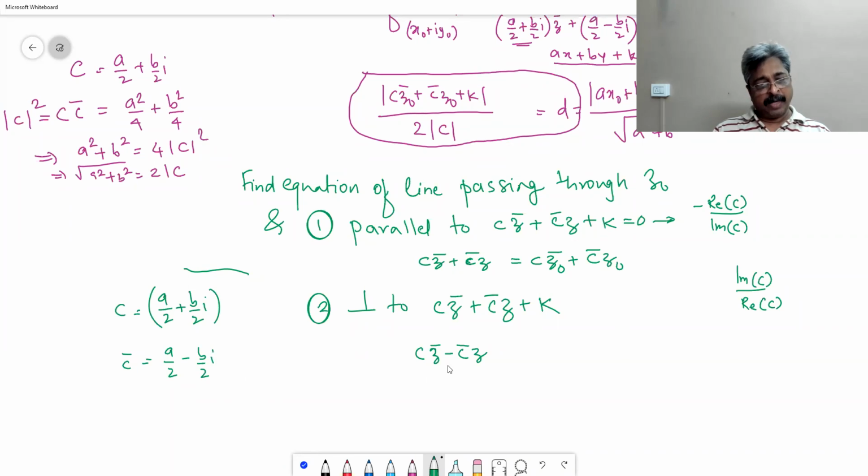And I want minus c bar. So minus c bar is equal to minus a by 2 plus b by 2 i. Correct? Minus a by 2 plus b by 2 i. And who is c? a by 2 plus b by 2 i.